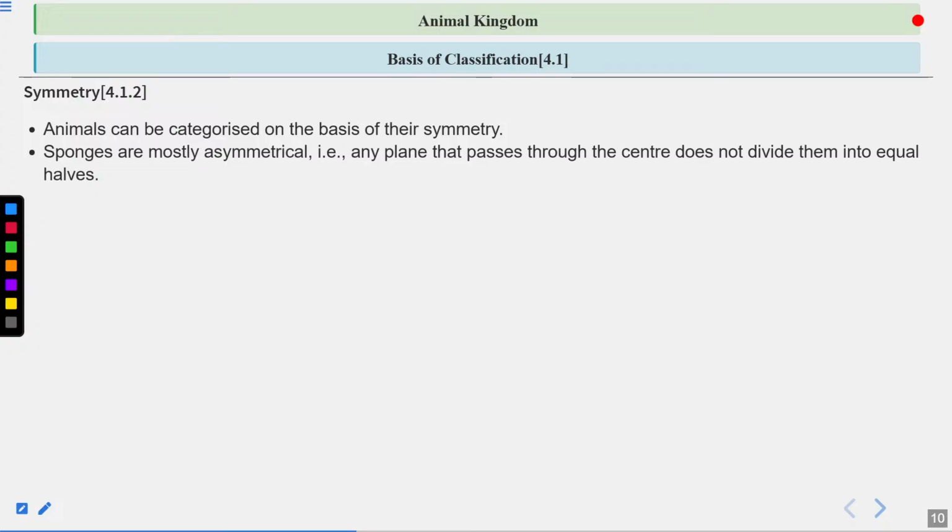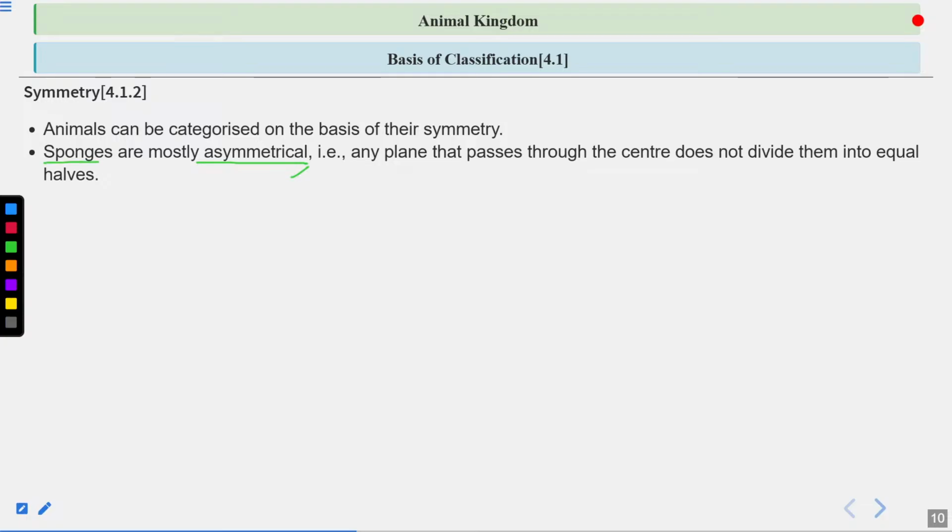Sponges are mostly asymmetrical. Asymmetrical means they do not have any type of symmetry. If you divide the organism with a plane that passes through the central axis, it should divide the organism into two equal halves. But if no plane passing through the center divides the organism into two equal halves, then it is called asymmetrical.